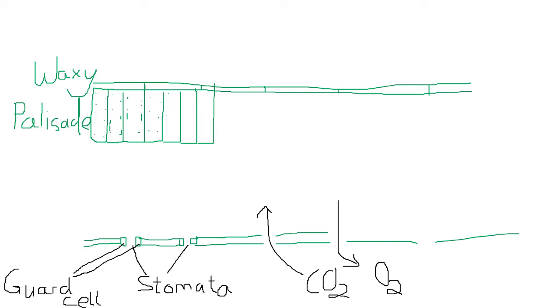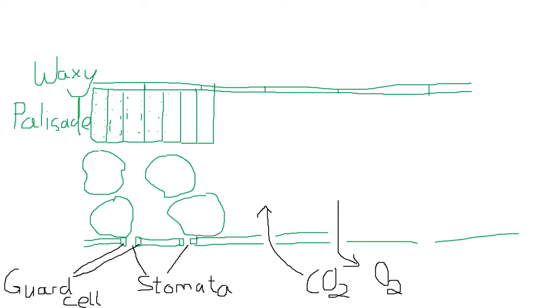Now, in this big gap here between our lower epidermis and our palisade layer, we've got this spongy mesophyll layer. Now, these cells are a bit more irregularly shaped. They are still plant cells, but they are not our typical plant cell shapes. They're a lot spongier.